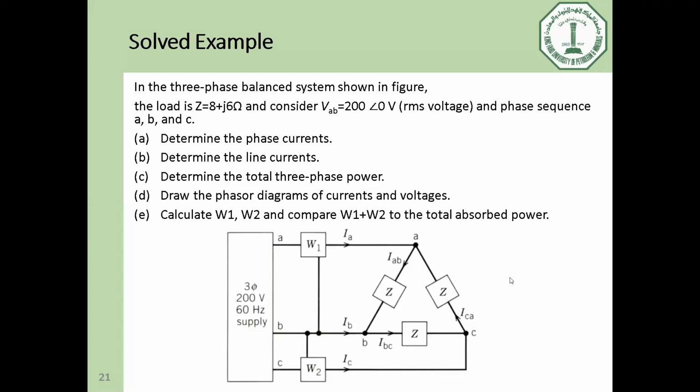Apply Kirchhoff current law at node A. So what will be the value of IA?